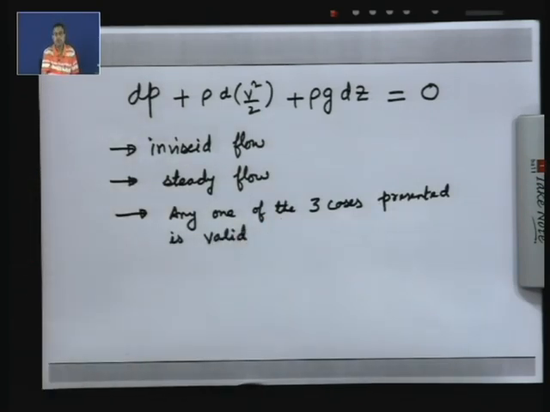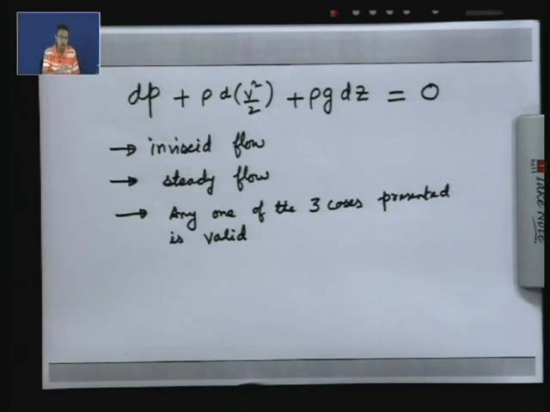What are those 3 cases? Either flow along a streamline, your choice of the line element is along a streamline. So, that is number 1. So, you are considering the equation of motion along a streamline. Number 2, irrotational flow, or number 3, V cross omega perpendicular to dl.